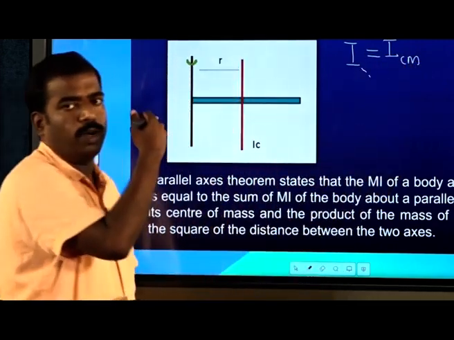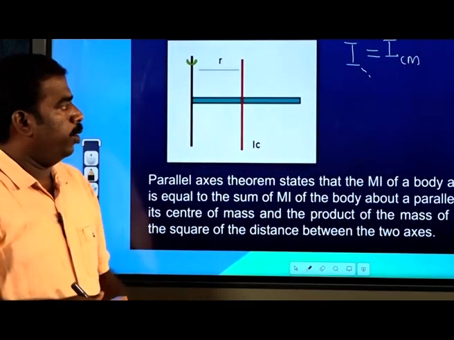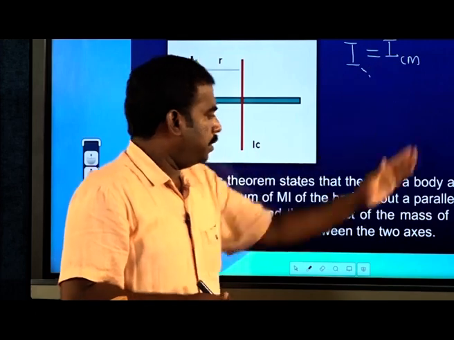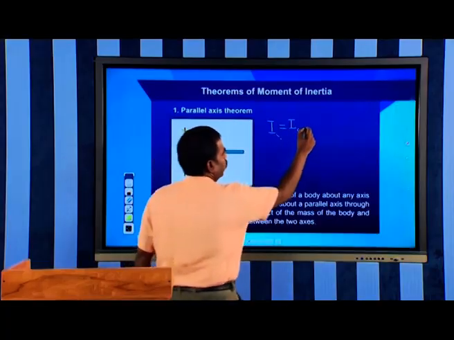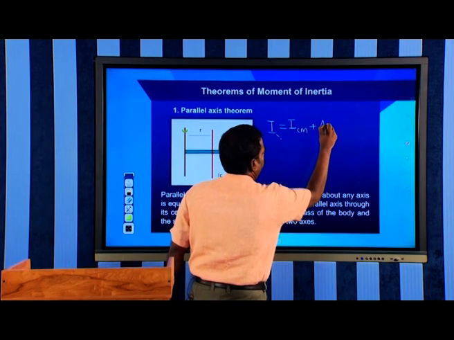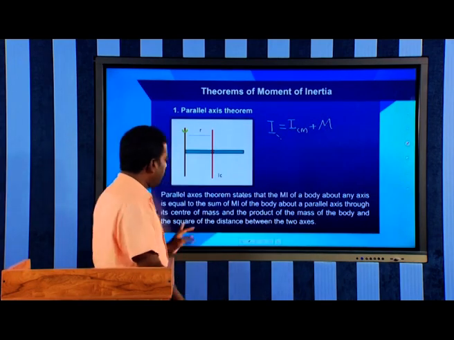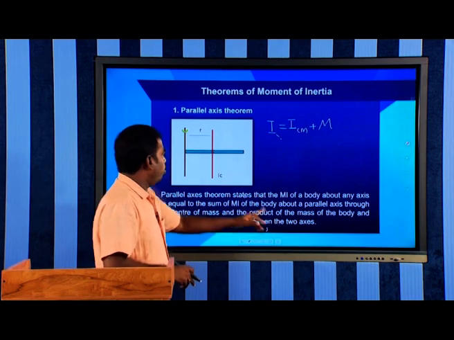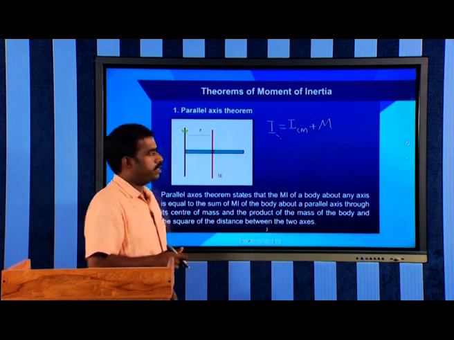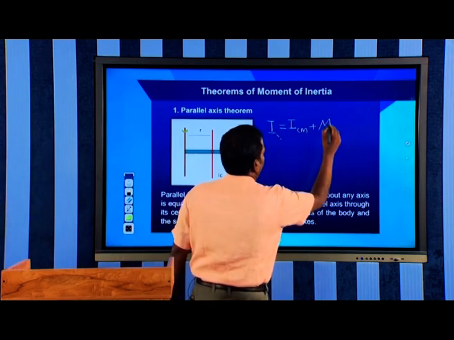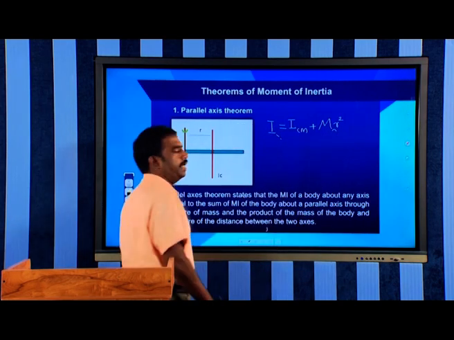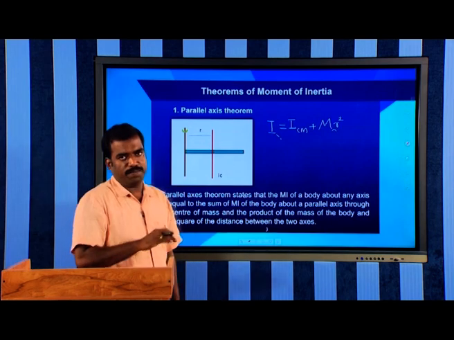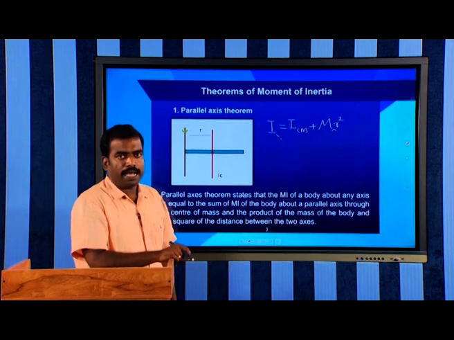So I equals I_CM plus what? The product of the mass of the body and the square of the distance between the two axes. Let R be the distance between these two axes, then I equals I_CM plus MR squared, and this is the parallel axis theorem.